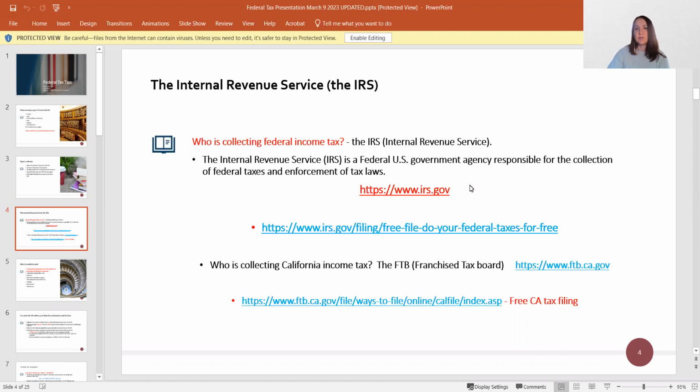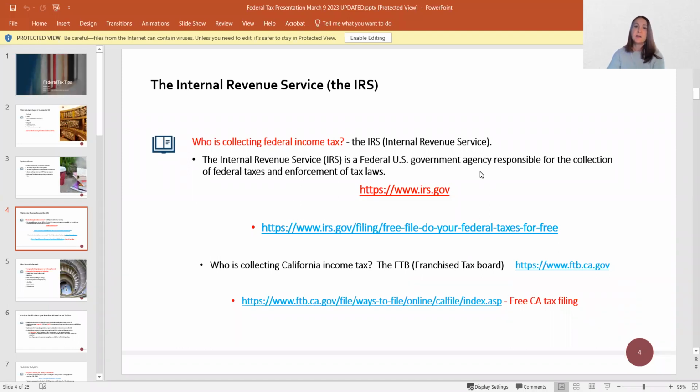Here I attach the link to the IRS, and by now it has a very helpful website and covers a lot of information and provides a lot of free valuable resources. For example, if you cannot use Glacier, that we will discuss later, you can file federal tax returns for free by using a link from the IRS website.